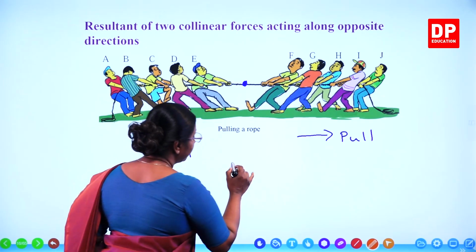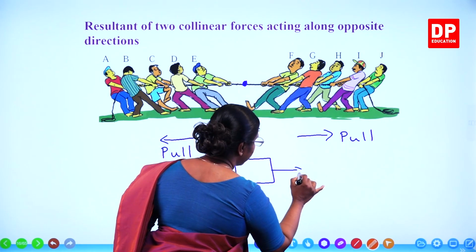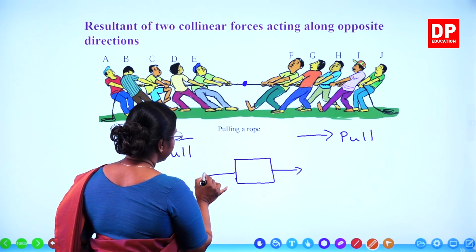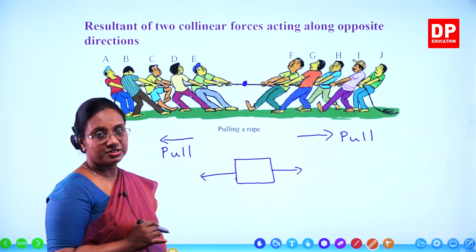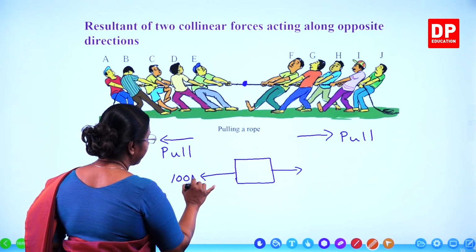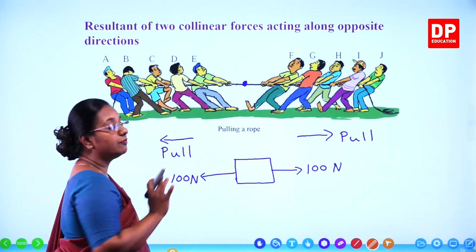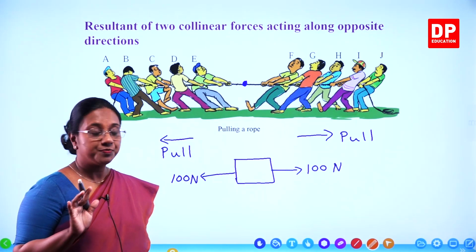So, if we denote this as an object, now here there is a force in this direction, there is a force in this direction. Let's say both the teams apply 100 Newton force, equal forces. Then what do you think?